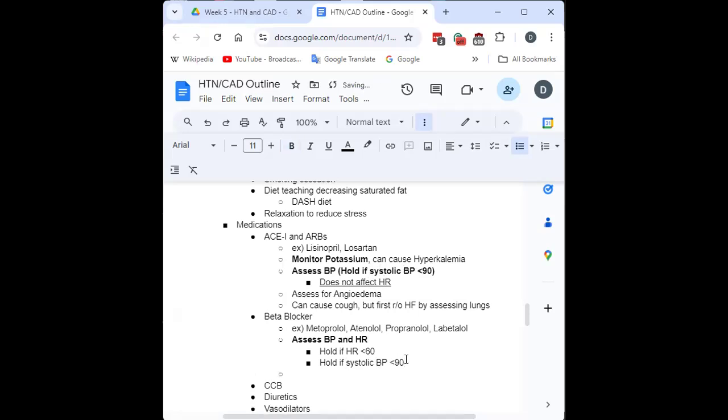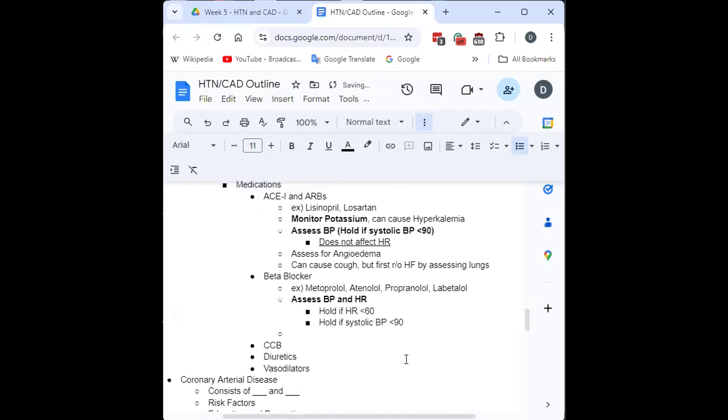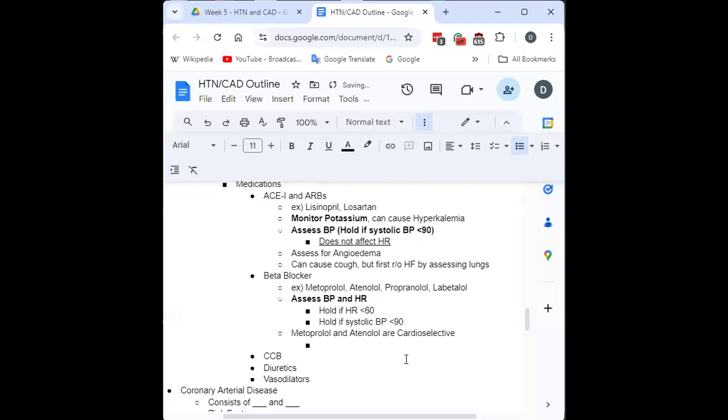And then some extra stuff to keep in mind is there is cardio-selective and non-cardio-selective. Some beta blockers can affect your lungs. So people with COPD or asthma should not be taking specific beta blockers. The way I remember it is metoprolol and atenolol are cardio selective.